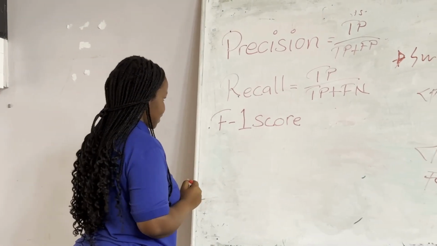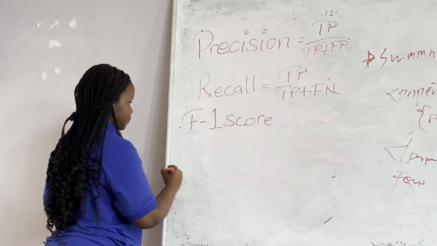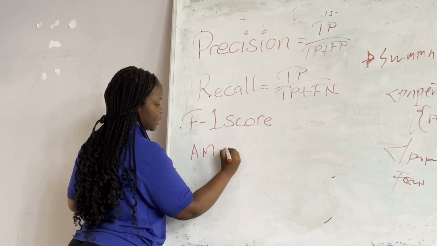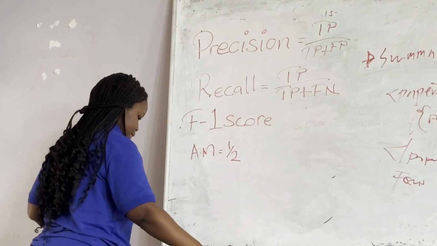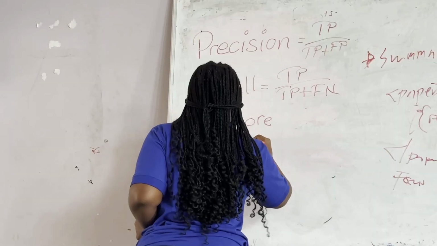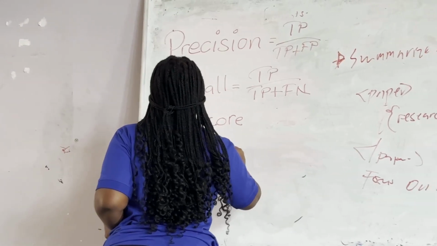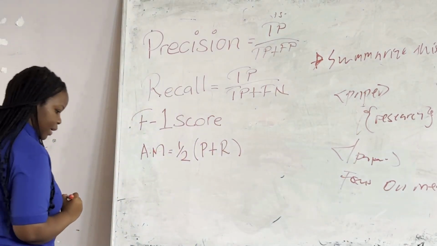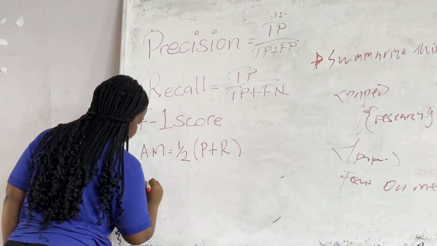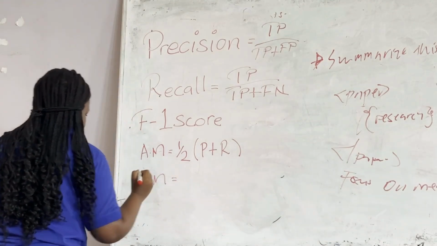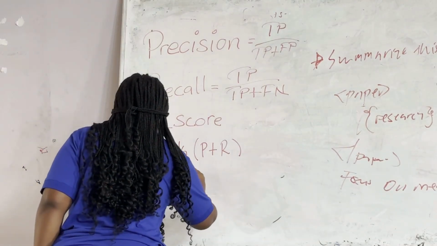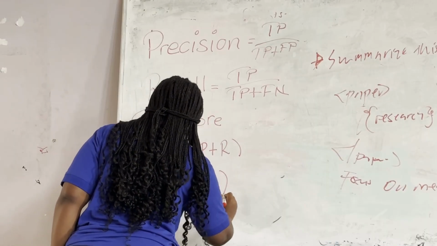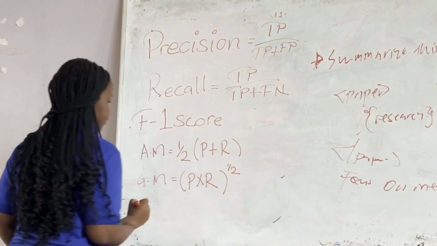So there is the arithmetic mean, which would be half of precision plus recall. The geometric mean would be precision times recall to the power of a half.